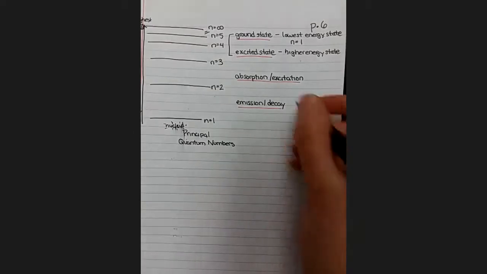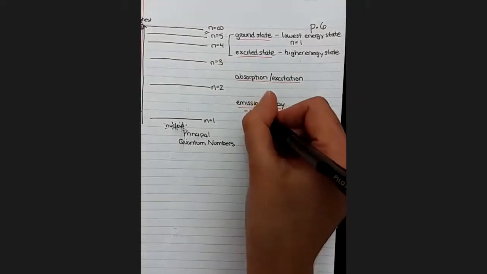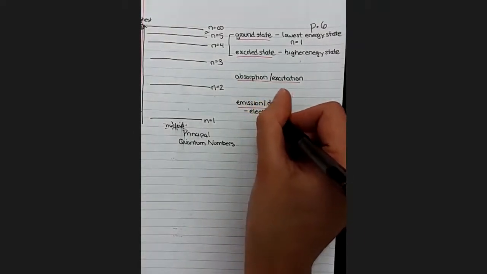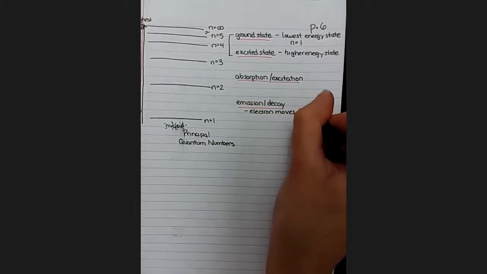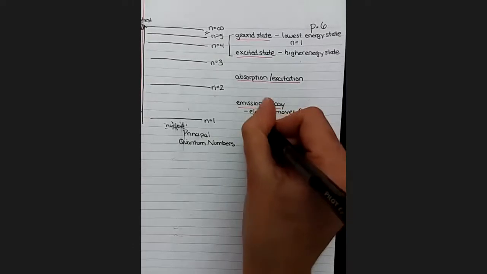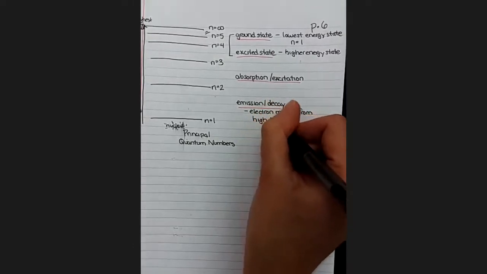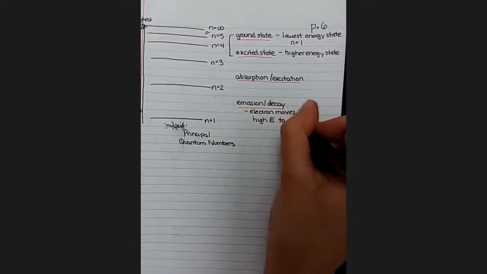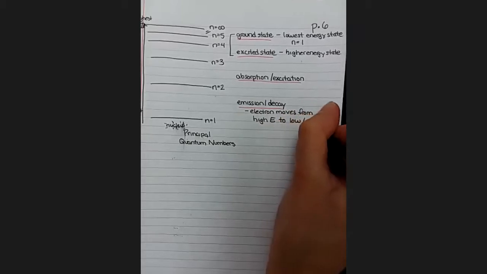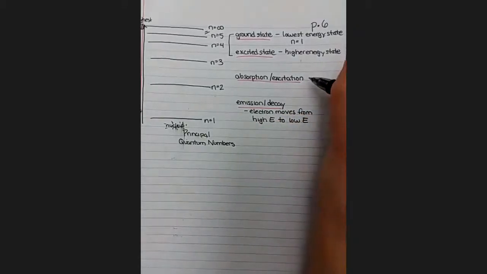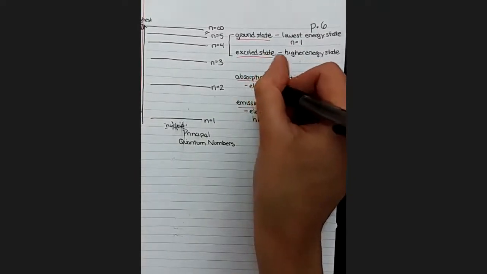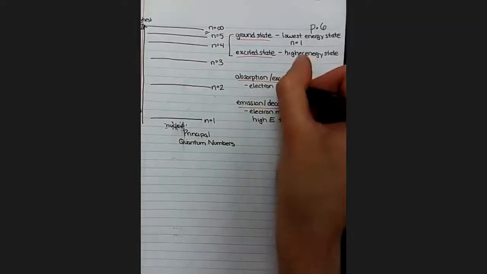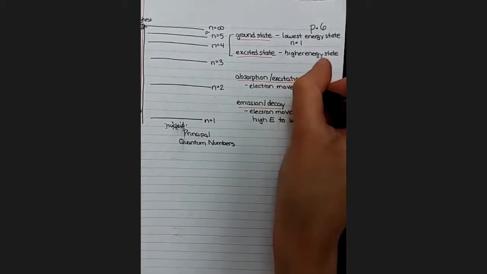So an emission or a decay means an electron is moving from high energy to low energy. And so an absorption or an excitation is the opposite. So in an absorption, an electron moves from low energy to high energy.